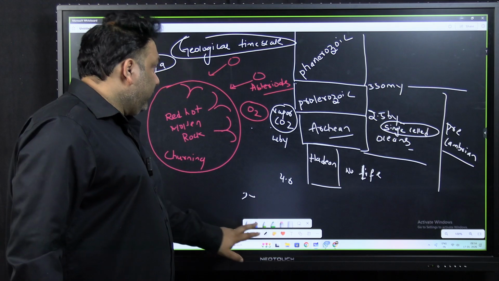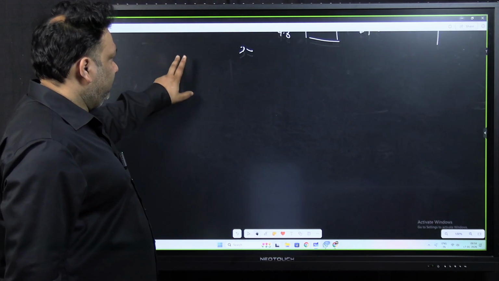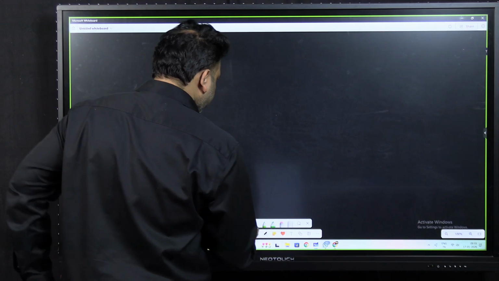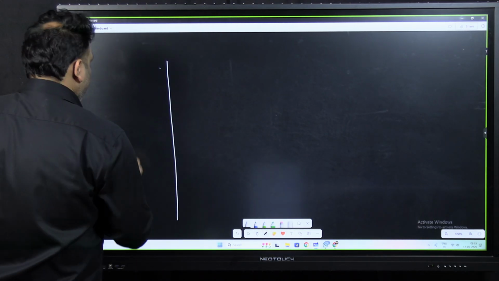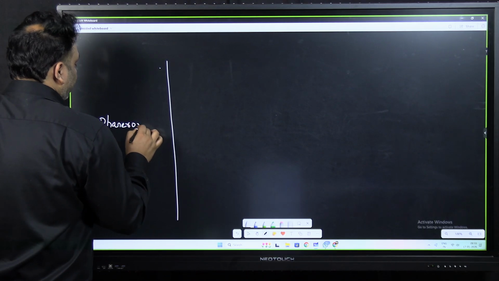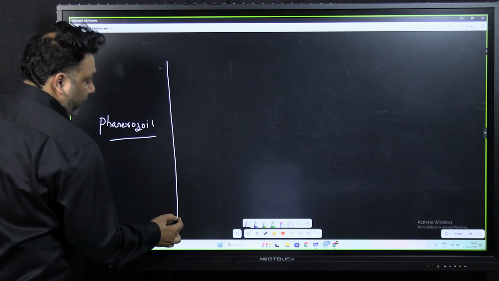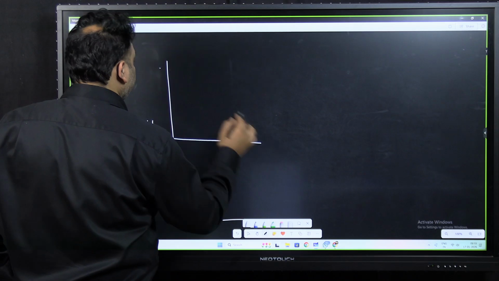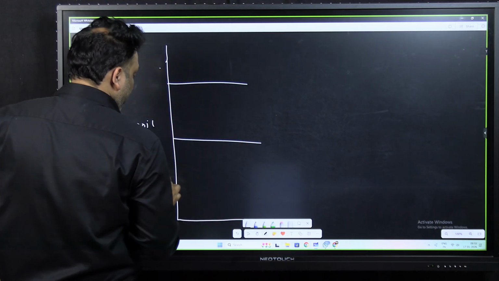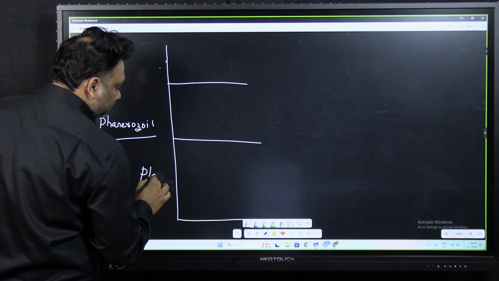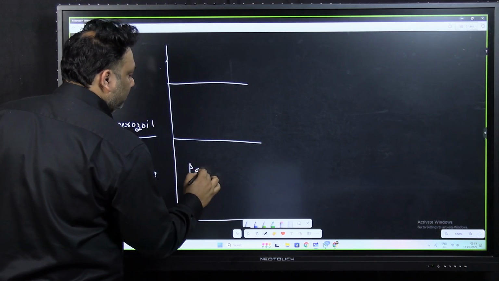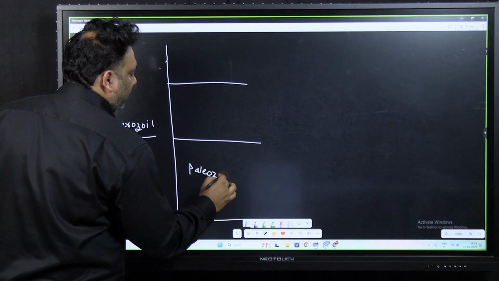So this Phanerozoic is further divided into three. Paleo means पुराना, Paleozoic.